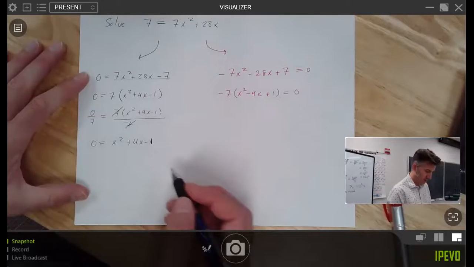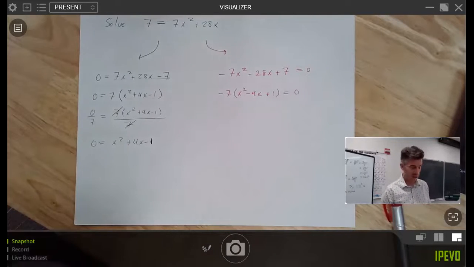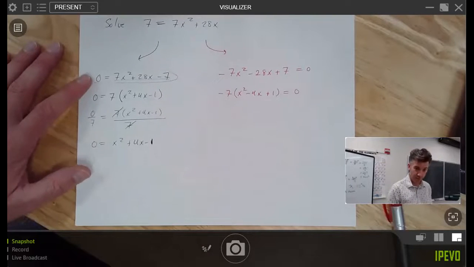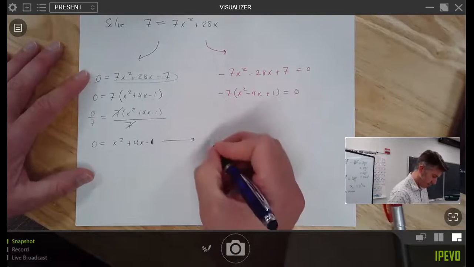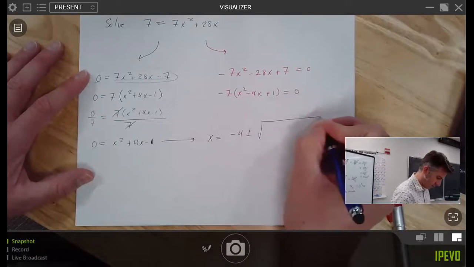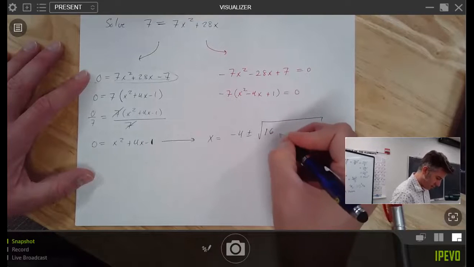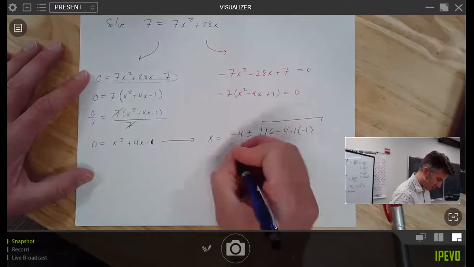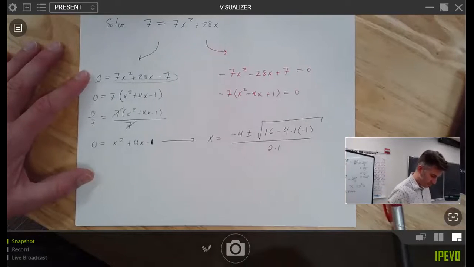And solving this with the quadratic formula is going to be much nicer than trying to solve this with the quadratic formula. For this one, I'm going to get x equal to negative 4 plus or minus the square root of 4 squared minus 4 times 1 times negative 1, all over 2 times 1.